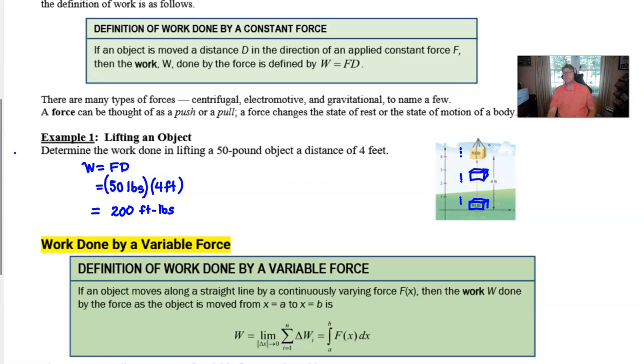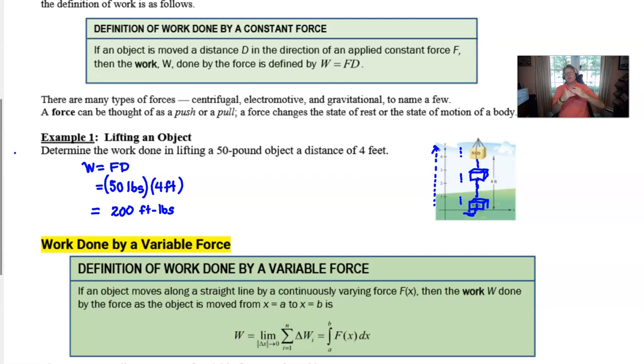But that box has a hole in the bottom. And throughout this process, sand is pouring out of the box. And so as the box rises and rises and rises, it's becoming essentially lighter, thus requiring a different amount of force to lift it. The higher it goes, the less force is required.